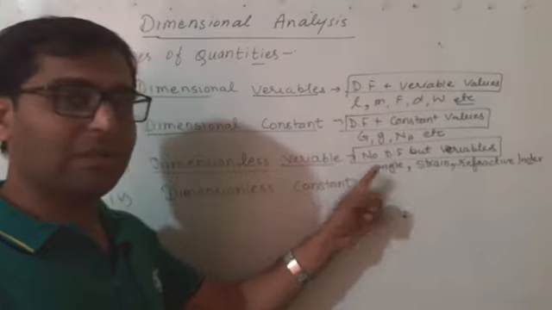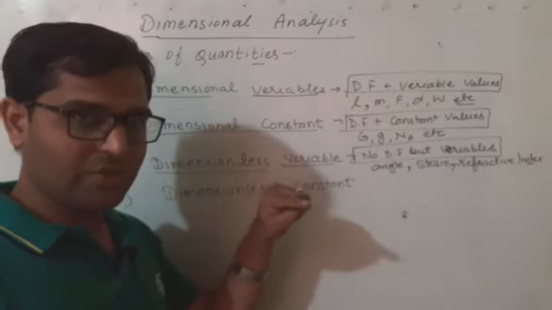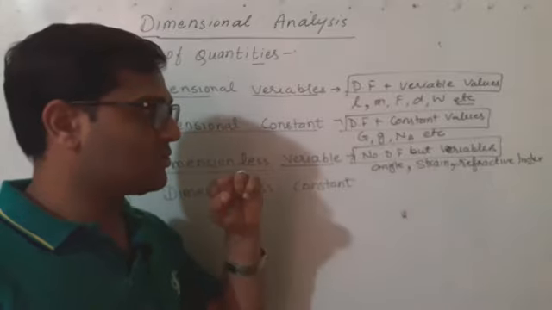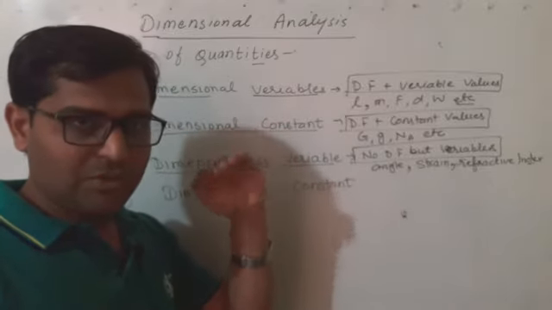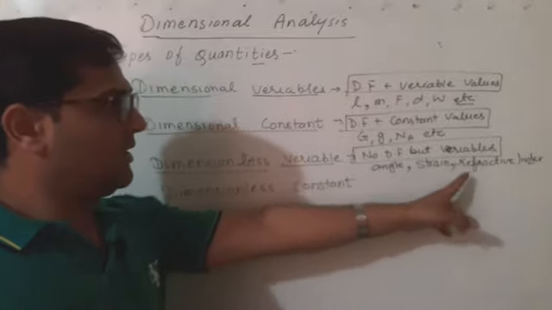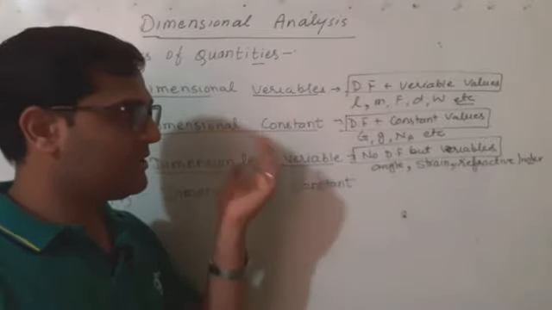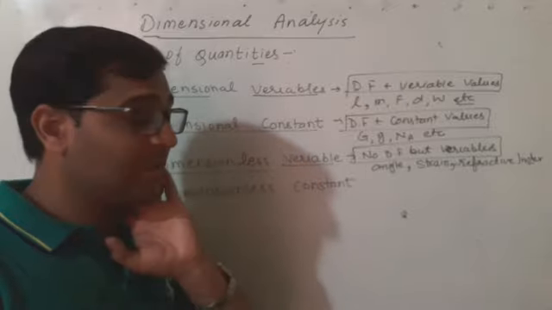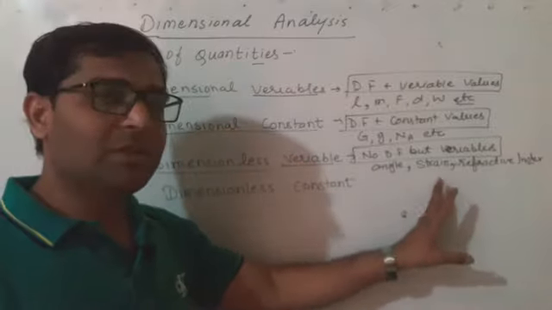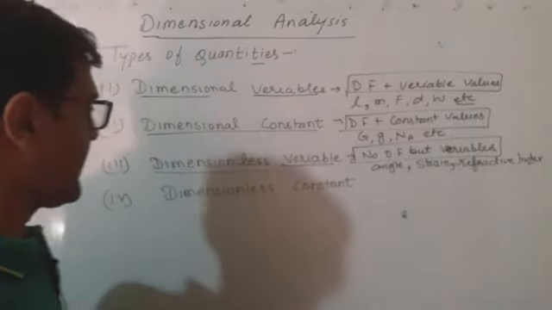Angle is equal to length of arc upon radius of arc, so length and radius are the same quantity. Strain is the change in configuration to the original configuration. Refractive index is the speed of light in vacuum to the speed of light in a given medium. So these are some quantities that are ratios of the same quantities.